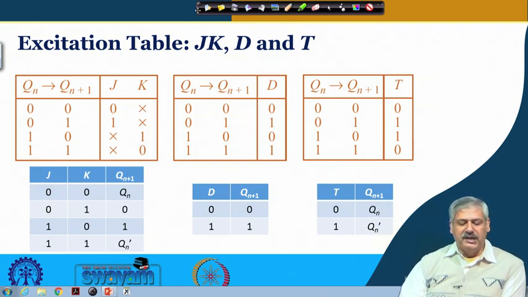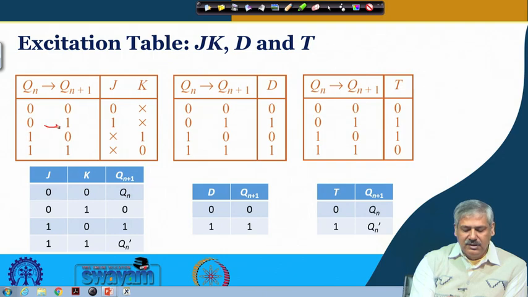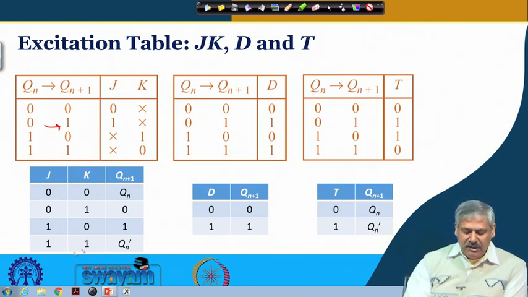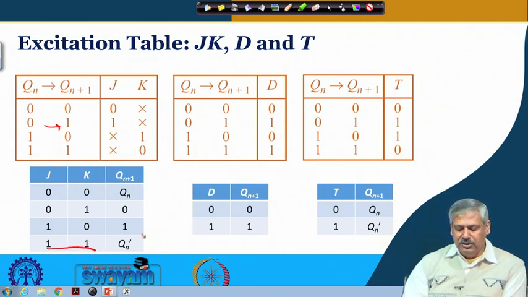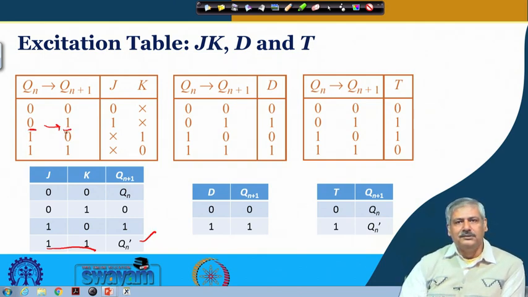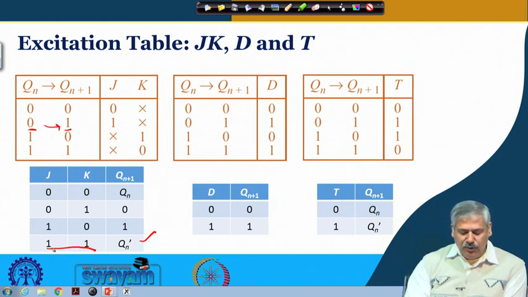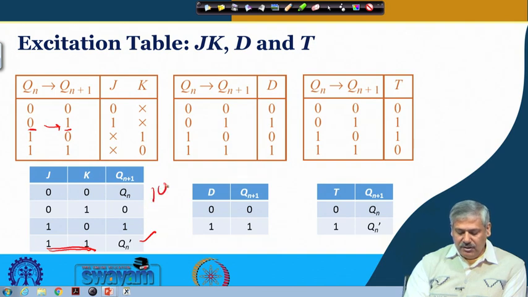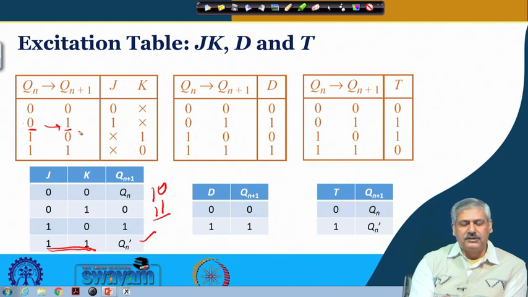Now coming to the other two cases. For 0 to 1, in the SR flip-flop it was only 1, 0. But in the JK flip-flop, for 1, 1 input, we know the output toggles. So if the previous value was 0, the next value will become 1, also for the case when the input is 1, 1. So 1, 0 as well as 1, 1. Why 1, 1? Because the state toggles, 0 becomes 1. And why 1, 0?